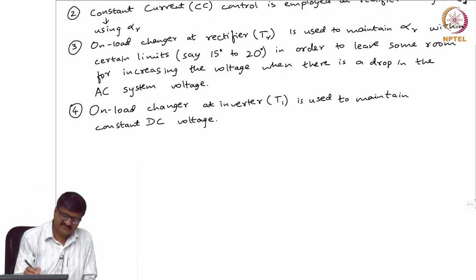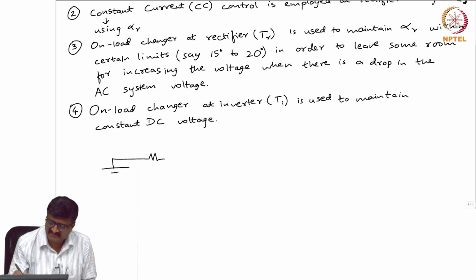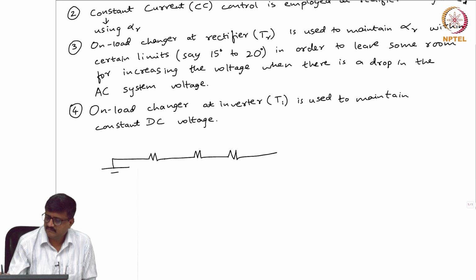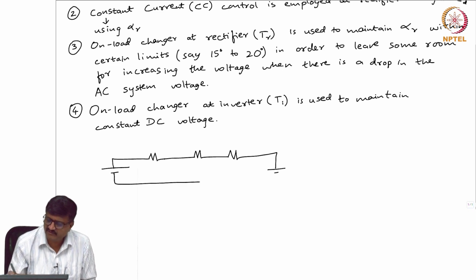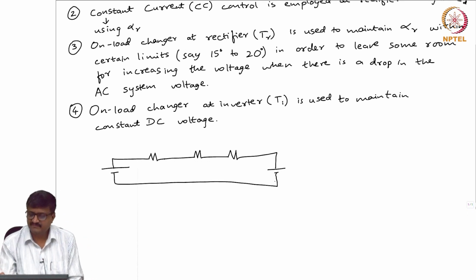Now, let me just redraw the circuit that is applicable for the DC link. So, we derived this circuit. See, this is just an equivalent circuit which represents the equations governing the system.